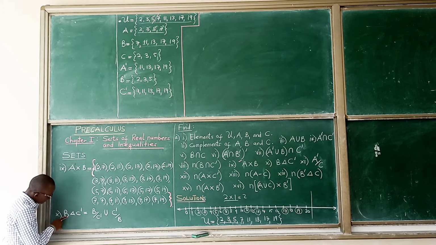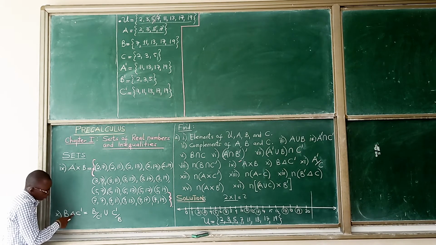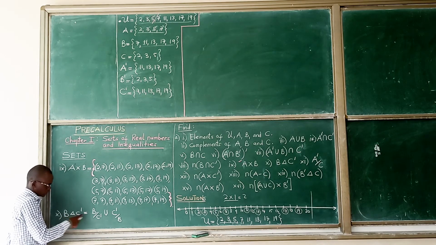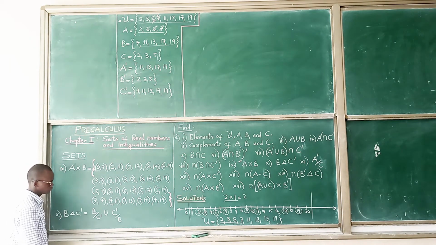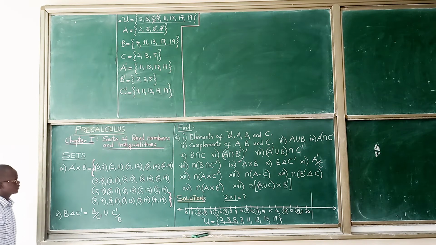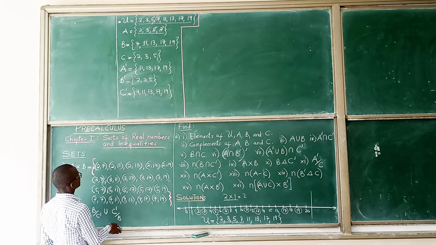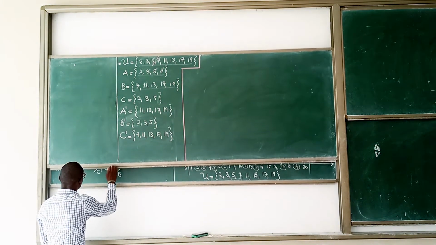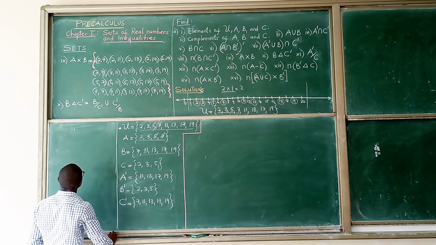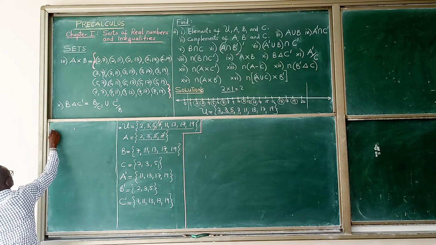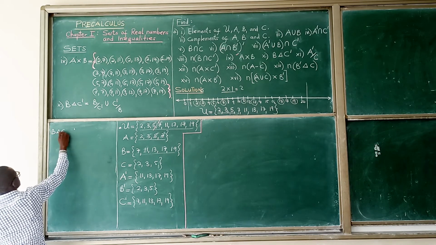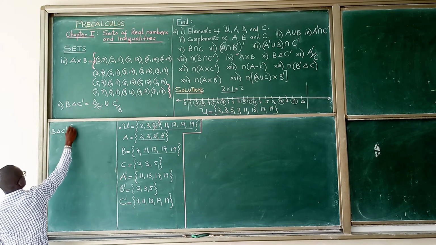So we say B different from C prime, and then C prime different from B. So there's our symmetric difference. So let's find the elements of our symmetric difference of B and C prime. So now B symmetric difference C prime now equals.